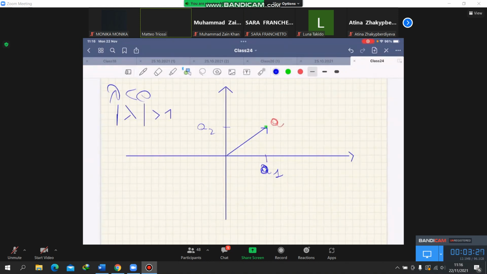So if you were multiplying for the absolute value, you would be simply expanding your segment, or sorry, your vector. So where is lambda A1 and where is lambda A2?